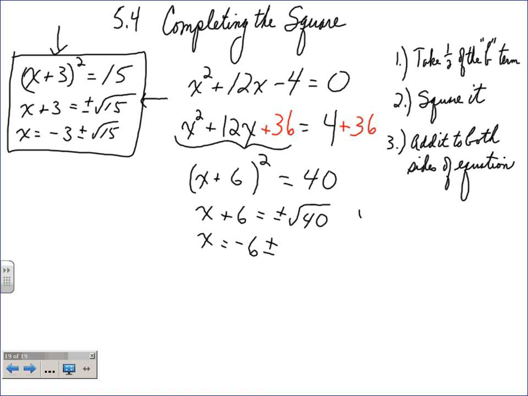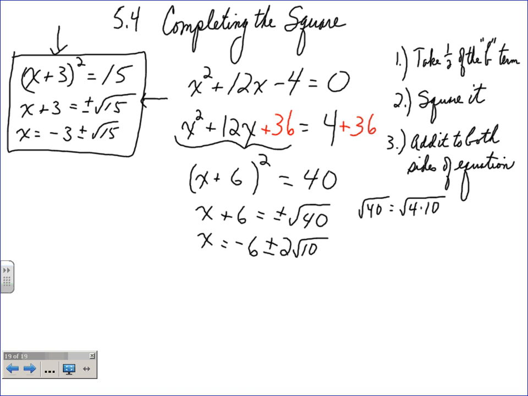The square root of 40 is the square root of 4 times 10. And the square root of 4 is 2. And you've got the square root of 10 left over inside. We've done that before. And that's called completing the square.